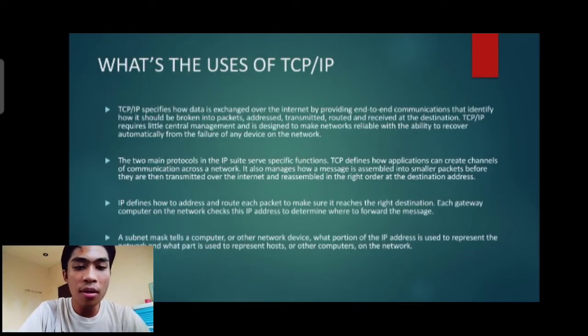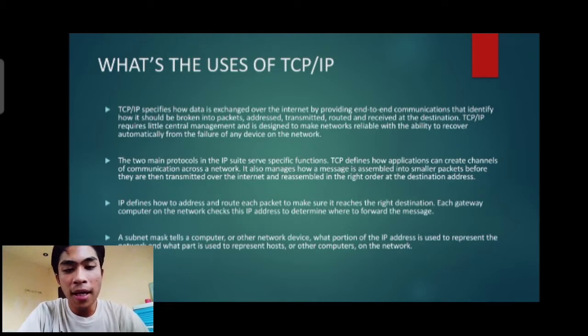So what are the uses of TCP/IP, or Transmission Control Protocol, or sometimes referred to as Internet Protocol? So TCP/IP specifies how data is exchanged over the internet by providing end-to-end communications that identify how it should be broken into packets, addressed, transmitted, routed, and received at the destination.